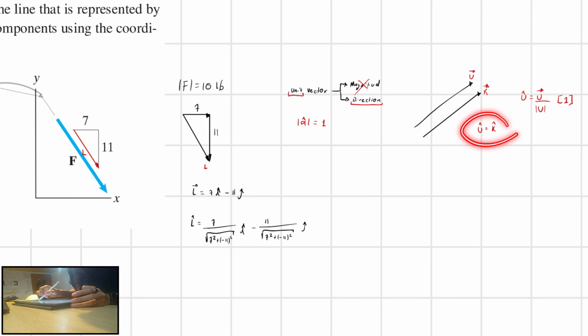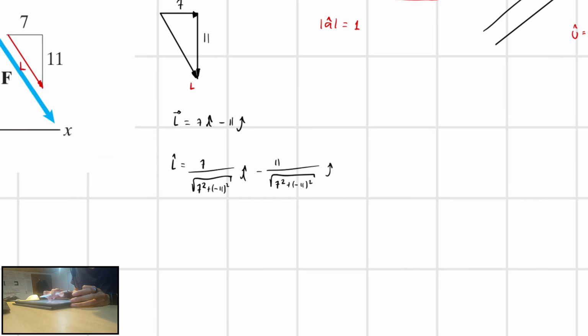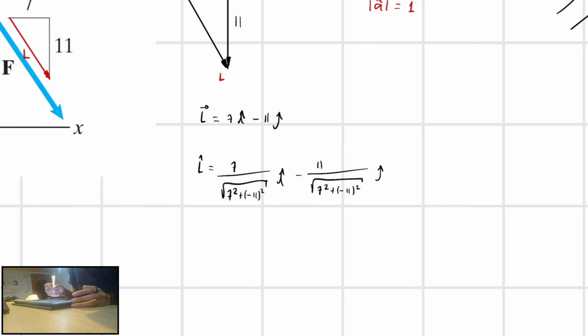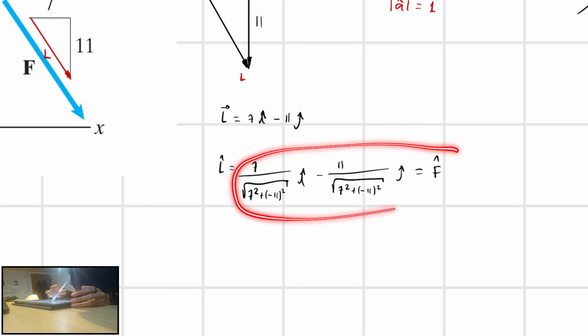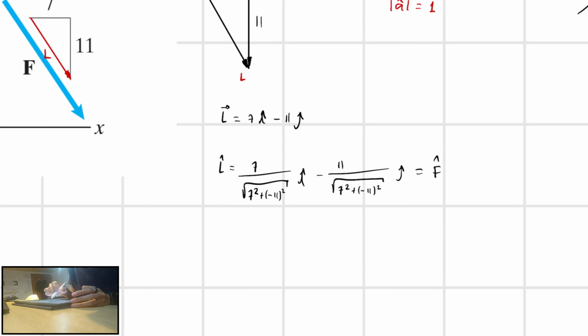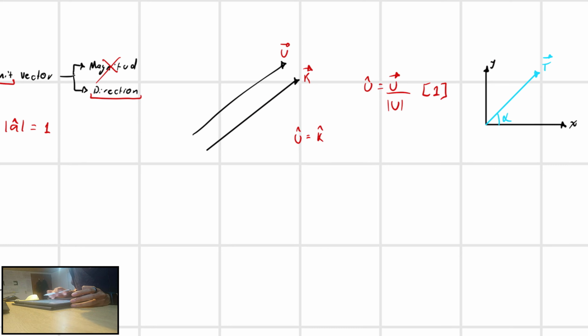Please remember this concept. Why is that? Because the unit vector of L is going to be equal to the unit vector of F. Now we have found the unit vector of F. Please now remember this equation.